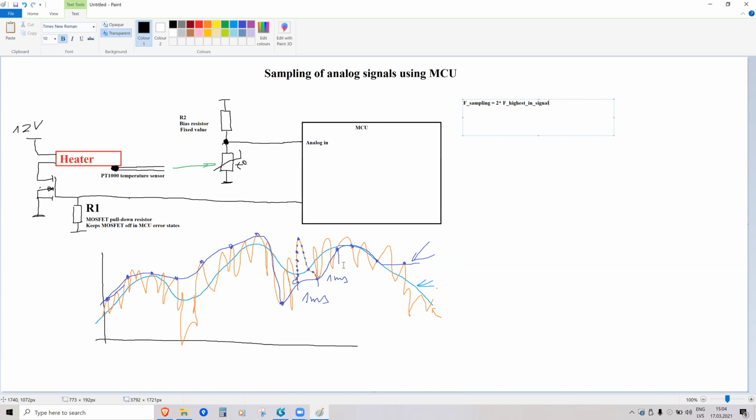But let's say you take an oscilloscope and you measure and you find out that, for example, the highest frequency is, I don't know, there's still some component in the signal which is at frequency 2 megahertz. Well, you can't even sample it with an average microcontroller. So this equation can actually be used in the opposite direction.